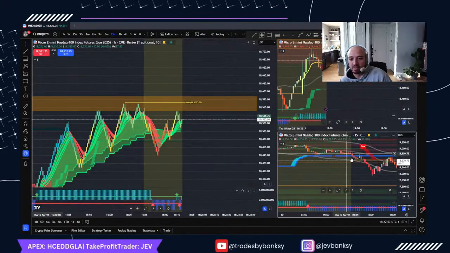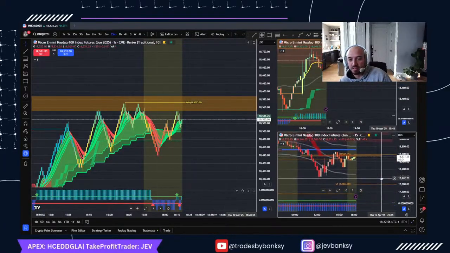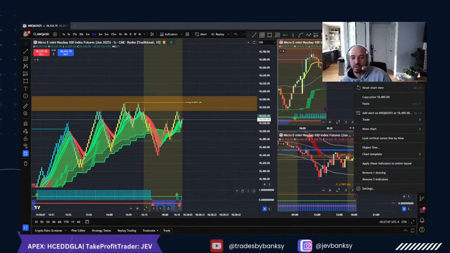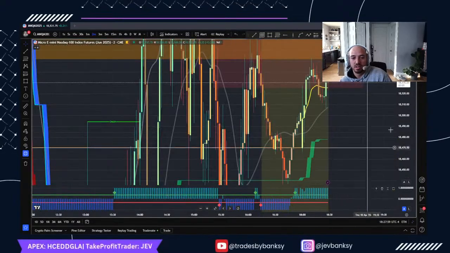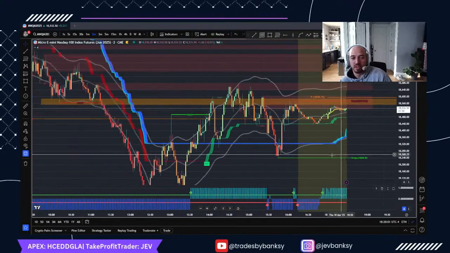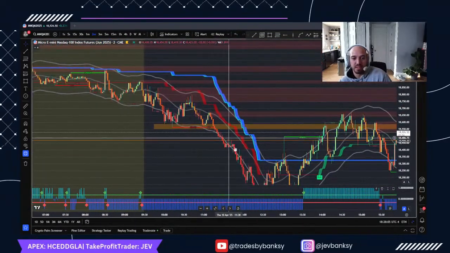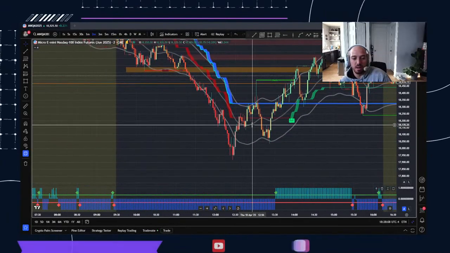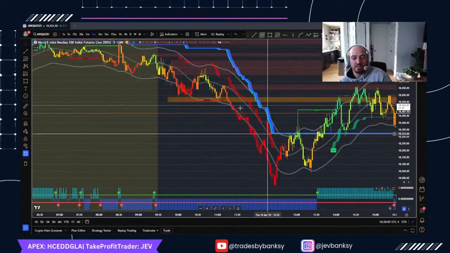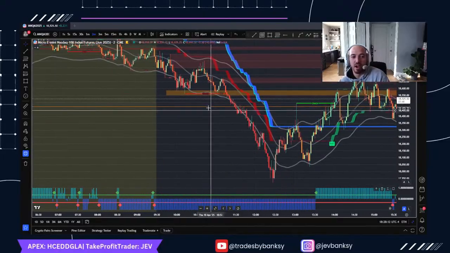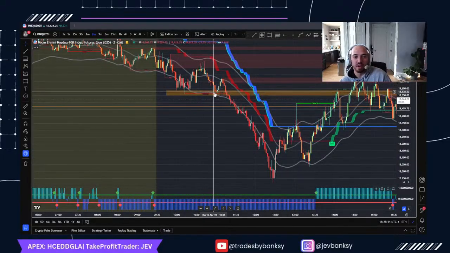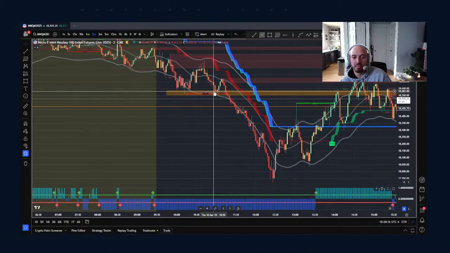But this is the bottom right panel, and then the top right panel here, this is what this looks like on the 2-minute, right? Similarly, the entire day until probably 1 o'clock, everything was red. You have support at the bottom Q wave levels.